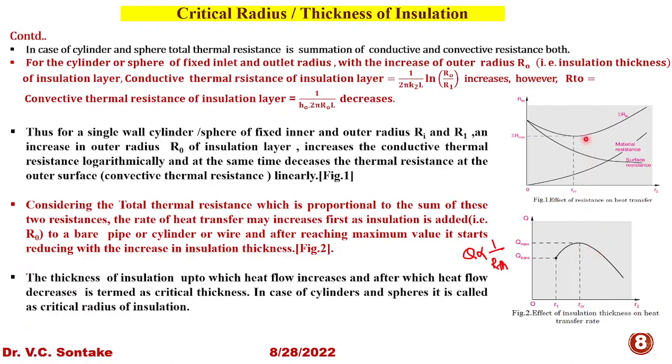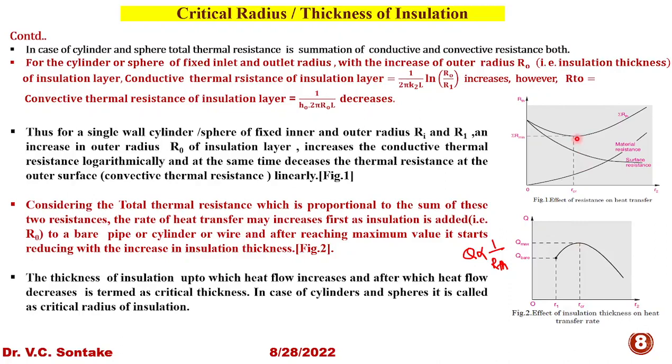So from here you can observe there is a limiting value of radius of insulation at which the thermal resistance is minimum, so heat transfer rate is maximum. Below this radius of insulation, thermal resistance decreases, so heat transfer rate increases.